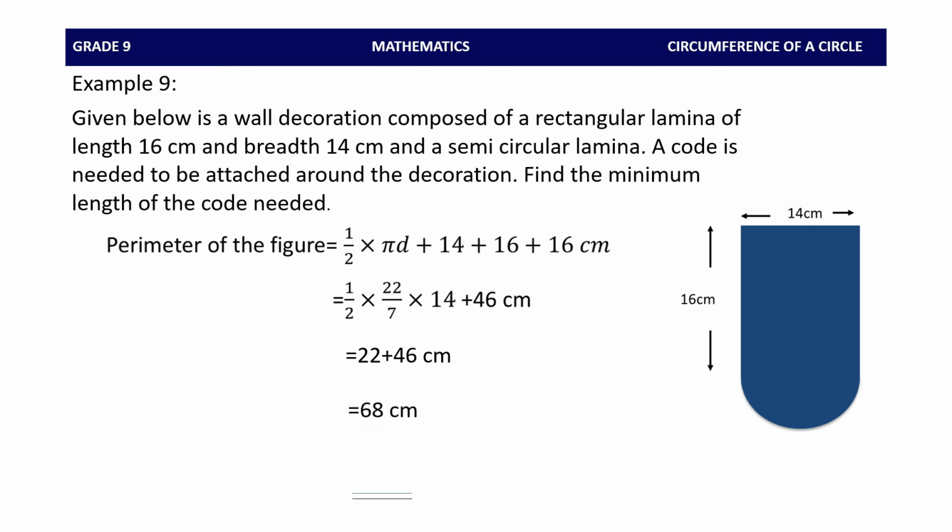Then the remaining is 22 plus 46. Altogether 68 centimeters. So the minimum length of the cord is equal to the perimeter of this figure. So the minimum length of the cord needed is 68 centimeters.